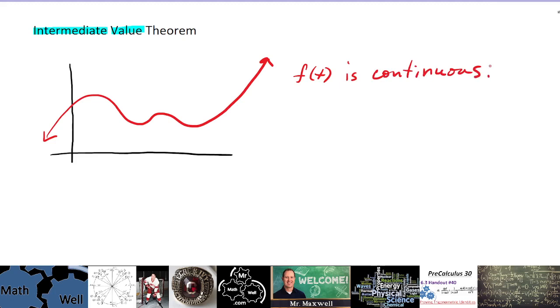In order for these theorems to be applied, there have to be some hypotheses or criteria that are met. So this is a hypothesis here.